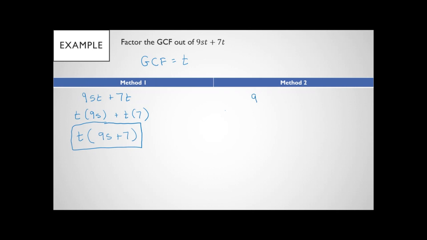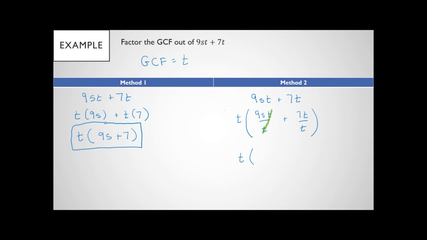Using my method, same problem, we have 9st plus 7t. I put my greatest common factor in front, and then I divide everything by my greatest common factor. Then you simplify. My t remains in front.